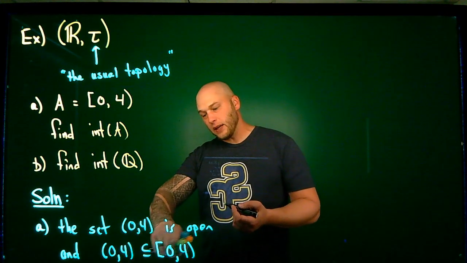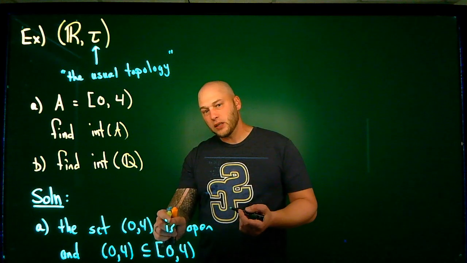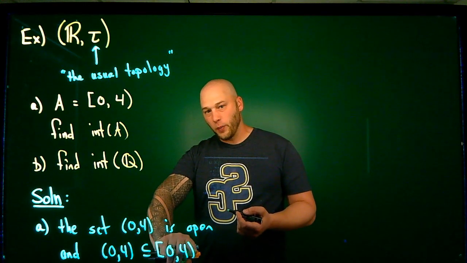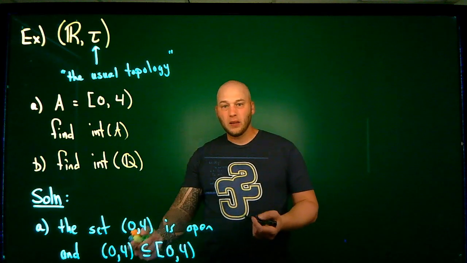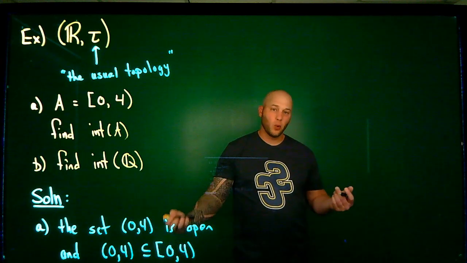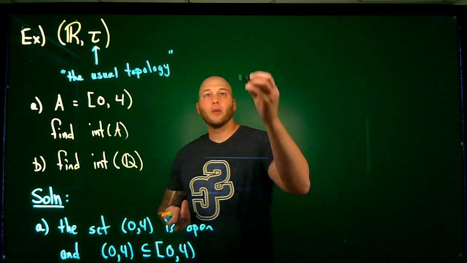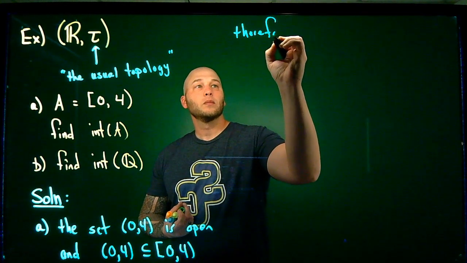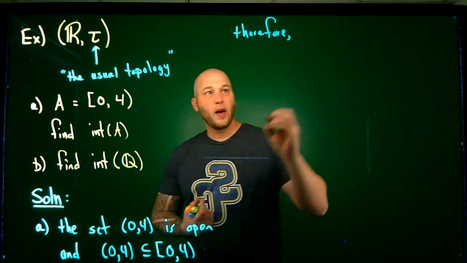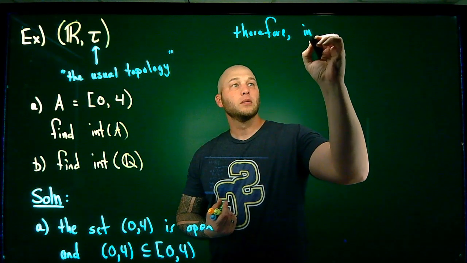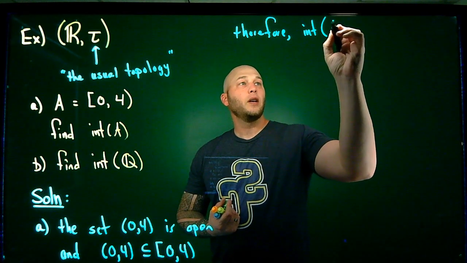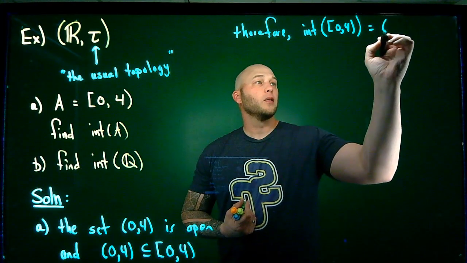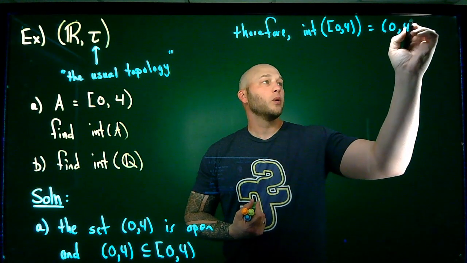Well, the only set in between the open interval (0, 4) and this half-open interval [0, 4) would be [0, 4) itself, which is not open. Therefore, we know that the interior of the half-open interval [0, 4) is the open interval (0, 4).